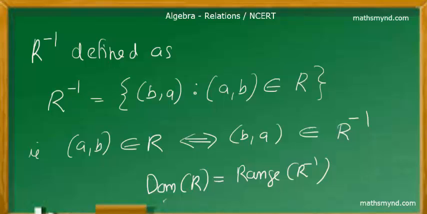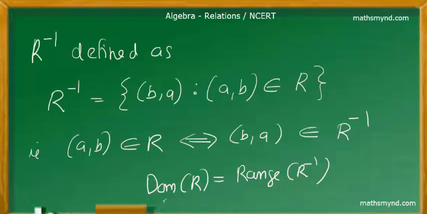So it simply means that an inverse relation is possible only if the order in which the elements are occurring is reversed, and that reversal is possible only if the original order, that is A and B, exists. So that's the key point.